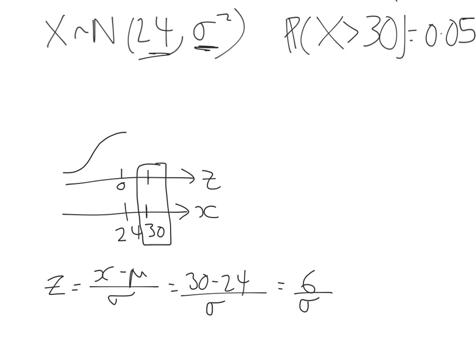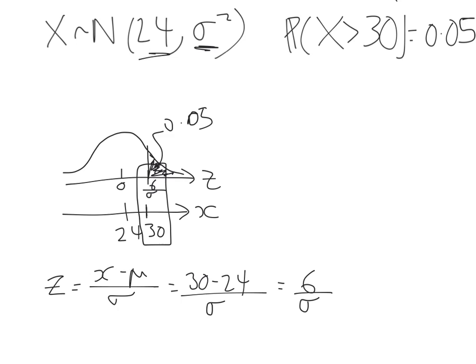So now we fill in our curve. We know that this area, so we can label it 6 over sigma, and this area we know is 0.05. And now, because 0.05 is a nice value, and we've got the area to the right here, this is actually a p-value, so we can look it up in our table.